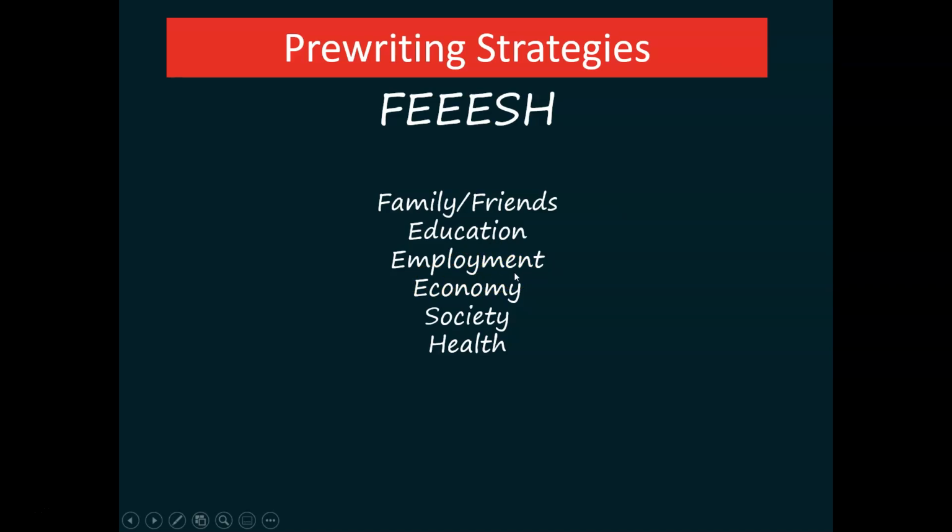So maybe some students work too much and don't focus on school. Sometimes you cannot think of an idea for a category. Like maybe I cannot think of something related to the economy for this topic. That's okay. Just skip that one. Hopefully this gives you some ideas at least to get started.